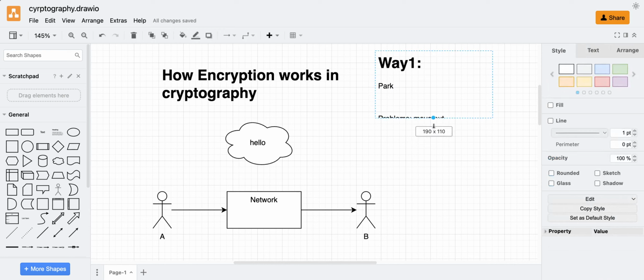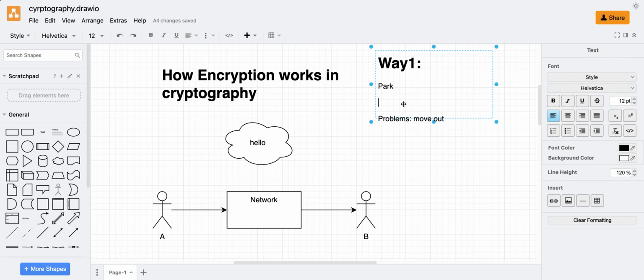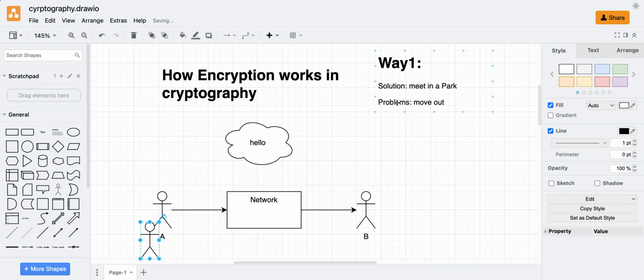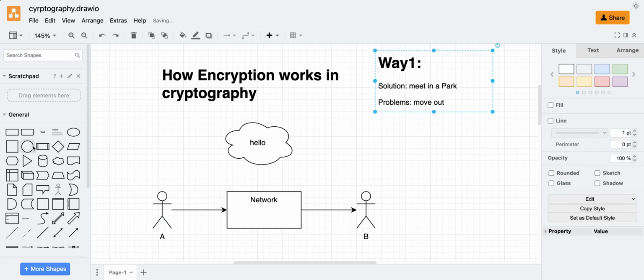Let's shorten it. Now this is one way. Now I'll say way two.